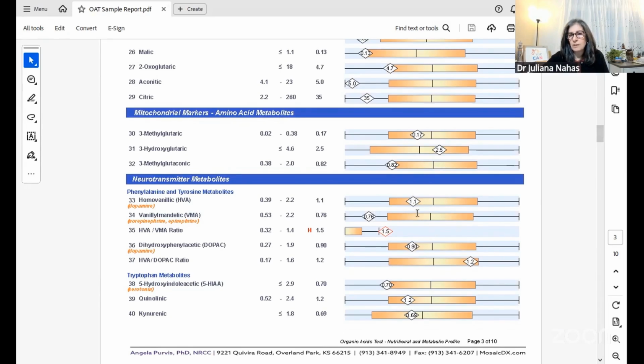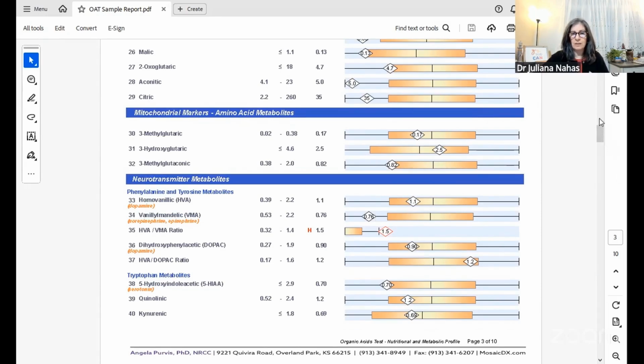They should be in line, right? You should have as much dopamine as you do norepinephrine because the enzyme should be just moving things along naturally, right? But here we see there is a block to producing the norepinephrine or epinephrine, and we need to look at what's blocking that.